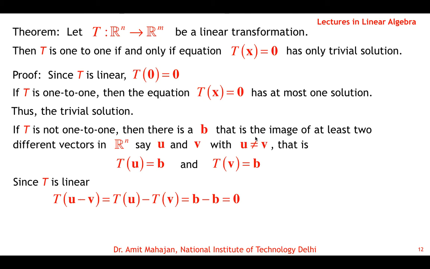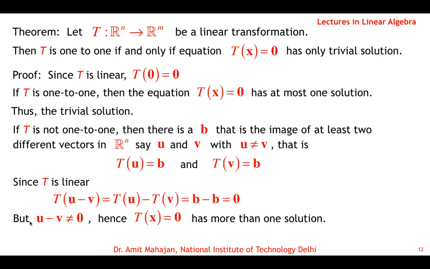So a non-zero vector satisfies the homogeneous system, and the homogeneous system is always consistent with the trivial solution also. That means there are more solutions, in fact an infinite number of solutions here.